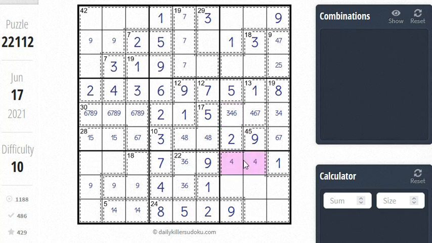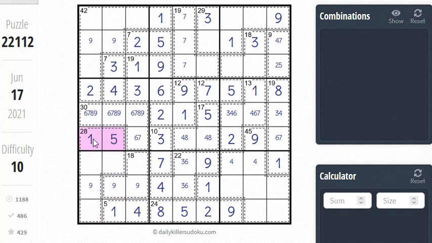We know that we have a 4 here, 1, 3. Oh, right, our 1, 4s are forcing here, which also forces the 1 and 5.